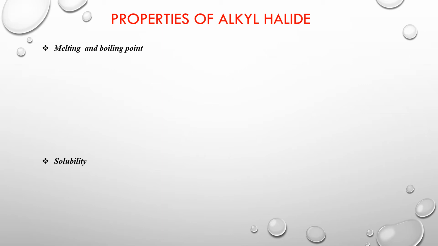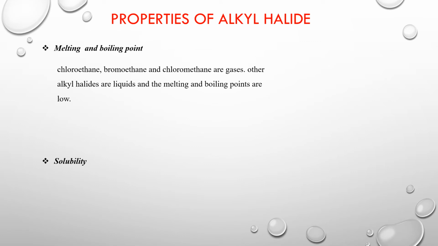When we are talking about the melting and the boiling point of alkyl halides, the pattern in the boiling point of these alkyl halides reflects the pattern of their intermolecular attraction. Some of the examples I have given here: chloroethane, bromoethane, chloromethane.